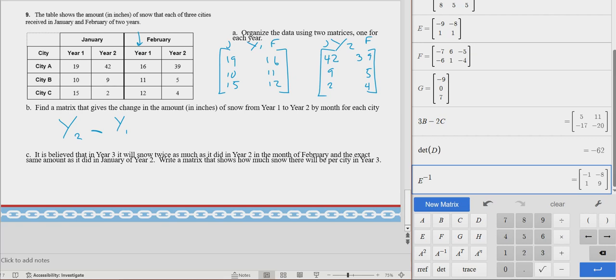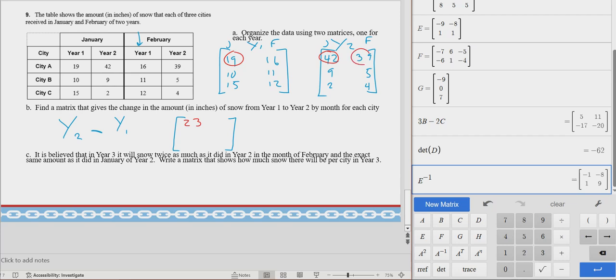So looking at change in snow from year 1 to year 2 by month for each city. So we are still going to have a 3 by 2. So I'm going to do the 42 minus the 19 would be 23.